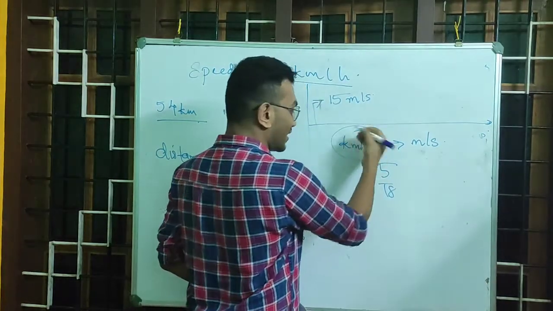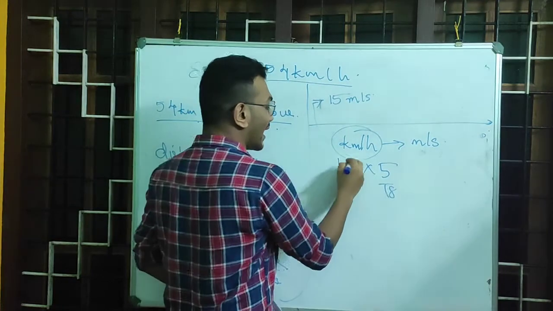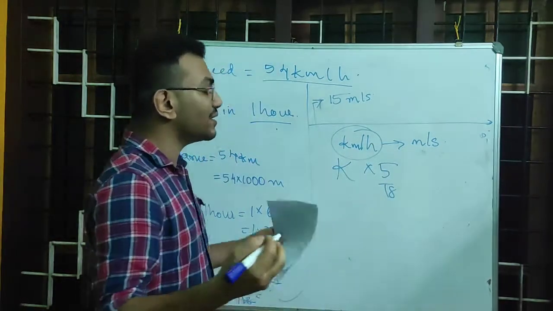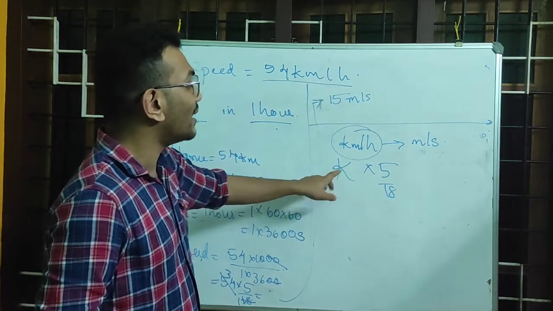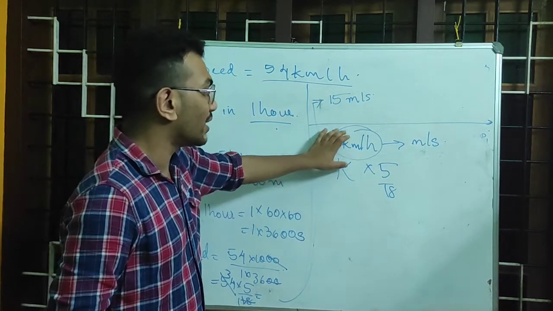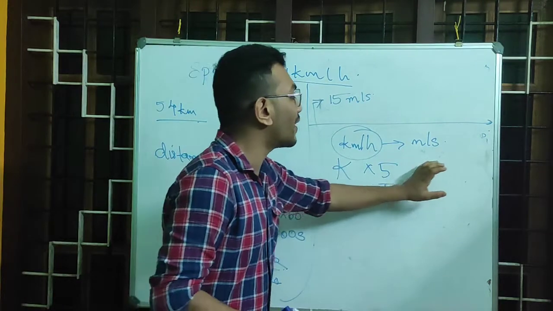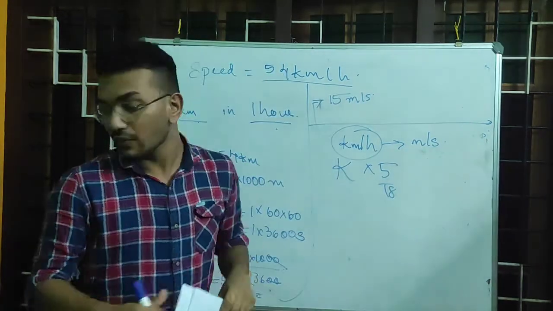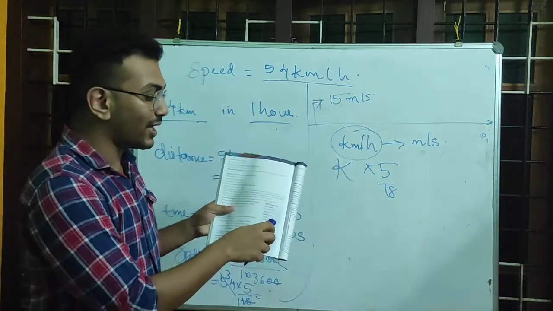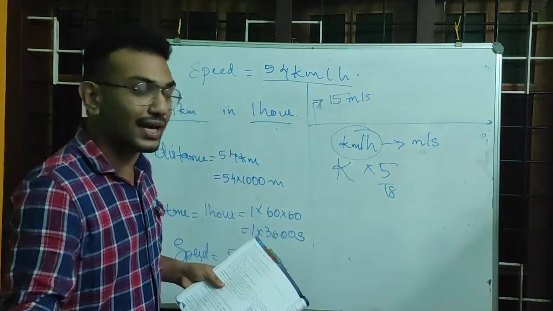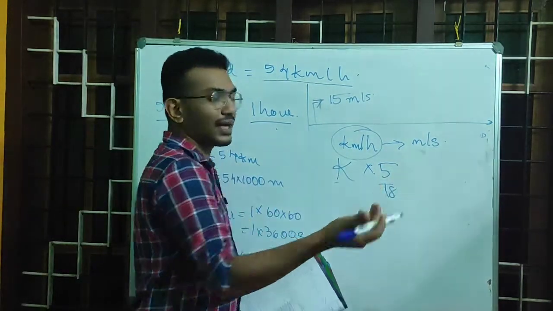So whatever value is given, let that be k. So we have to just multiply the given value in kilometer per hour into 5 by 18. So that is the conversion written here. If the speed in kilometer per hour is given, let that be k.